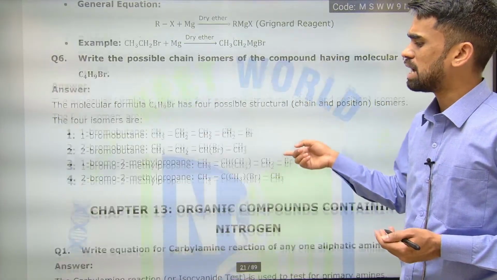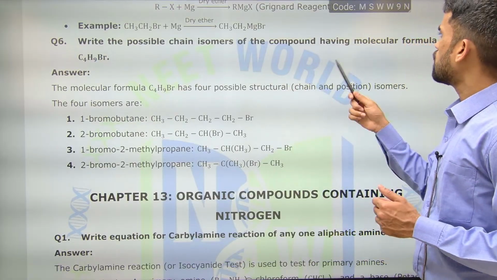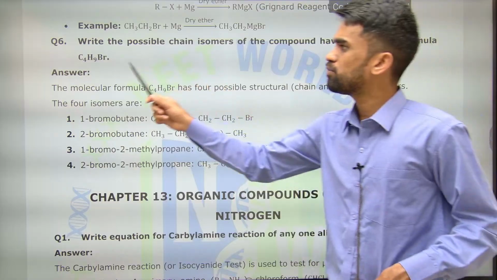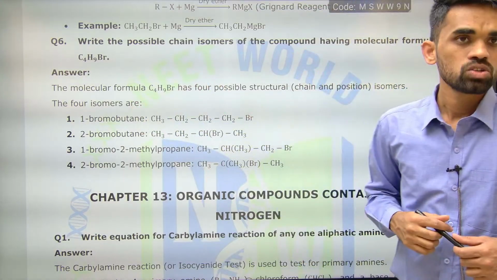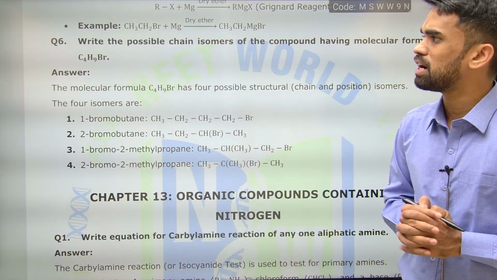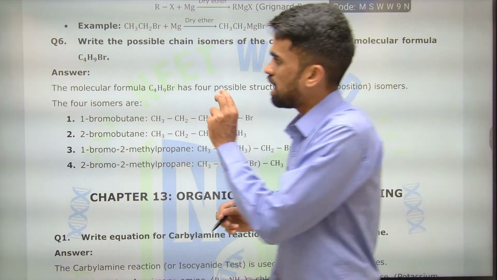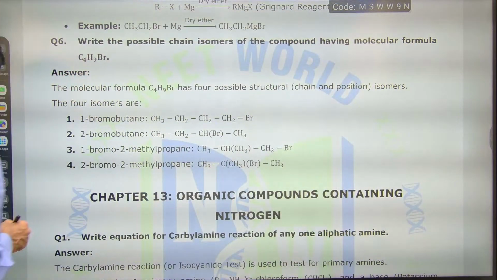The next question from here is: write the possible chain isomers of the compound having molecular formula C4H9Br. So what is the formula? C4H9Br, it is accepting what type of formula? First of all, identify whether it is an alkane, alkene or alkyne.